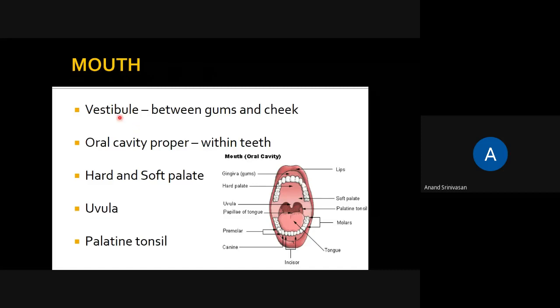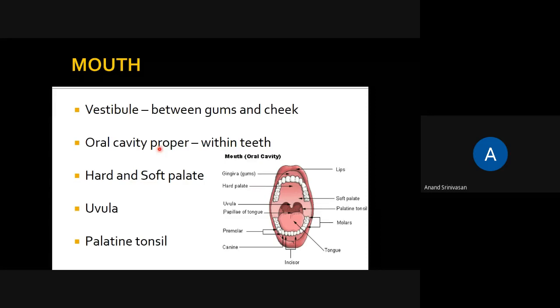And the oral cavity proper is the part within the teeth. So two parts: the oral cavity proper, and the outer part, the vestibule.